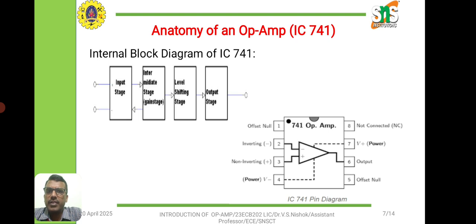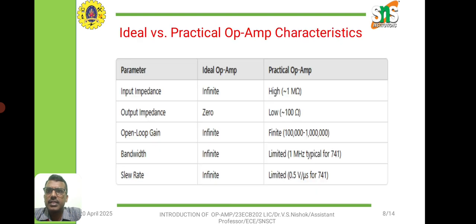Pin number 5 is the other offset null, the positive supply is connected to pin number 7 and the negative supply is connected to pin number 4, and there is no connection at pin number 8. So this is the simplest pin configuration of the IC741.